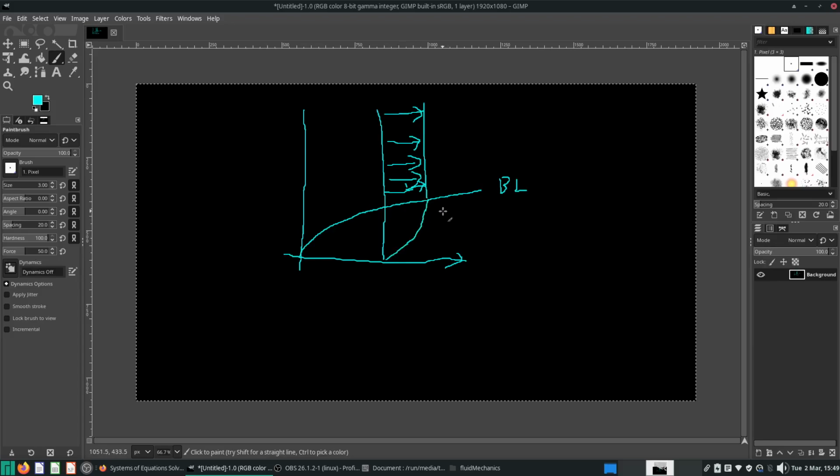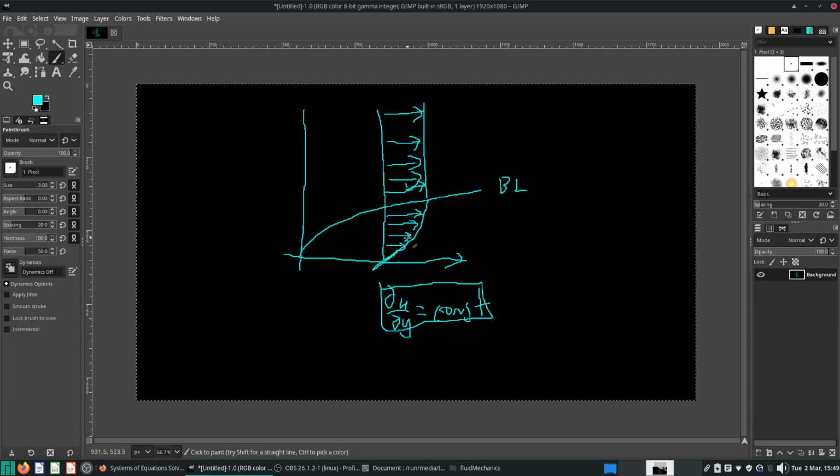We don't know how this will curve just yet, but it's not unreasonable to say that at the start the velocity profile is linear. So it's constant near the wall, and this velocity profile starts off as linear, and then maybe it branches out a little bit more to the outside.